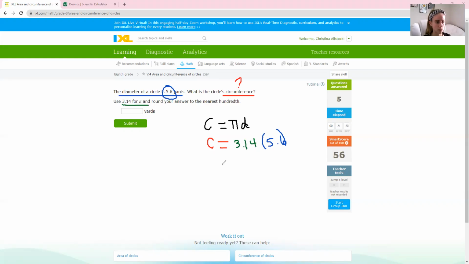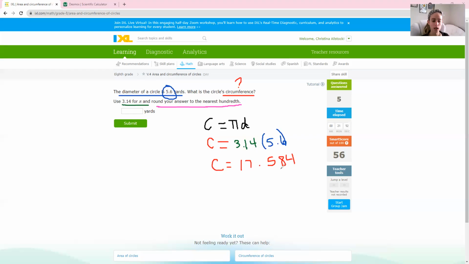If we multiply that out, that's the only thing we have to do here. We get a circumference of 17.584. We do actually have a slight difference here. This is the first time I've noticed in our directions it's talked to us about rounding. It wants us to round our answer to the nearest hundredth. That would be 2 decimal places, because remember with decimal points, it goes tenth, hundredth, thousandth.